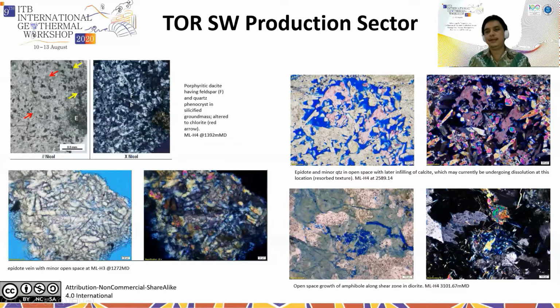Compared to near the pit zone, we see an epidote vein that occurs in open space that still has major permeability, with some calcite occurrence after the epidote vein.